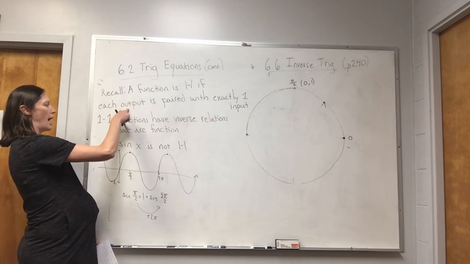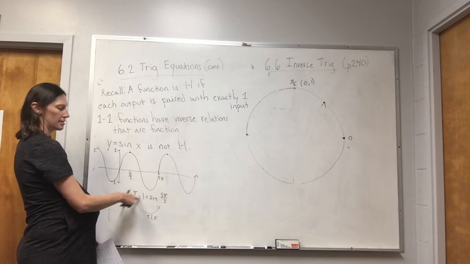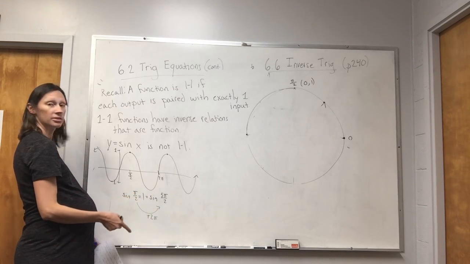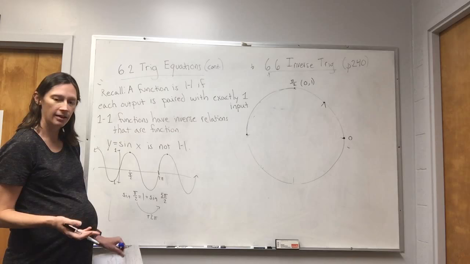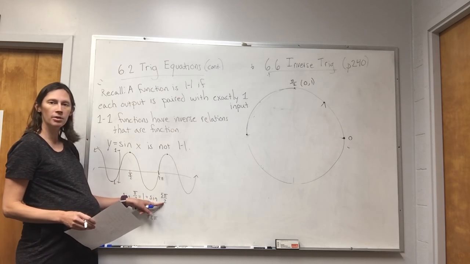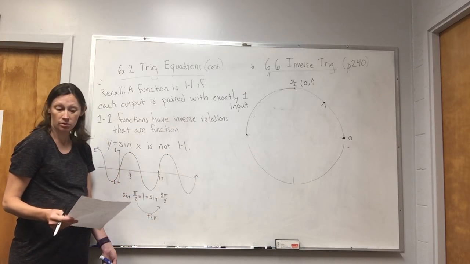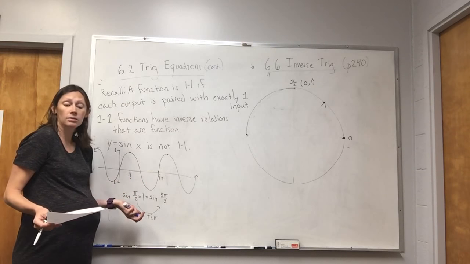Okay, so I have an output 1 that is paired with, not exactly 1 input, but 2 inputs. That's a problem if we ever have to solve for inverse sine. Because if I want to take the inverse, I don't know if the inverse is this number, or that number, or possibly other numbers. Okay, so I start to have problems. How do I undo sine?